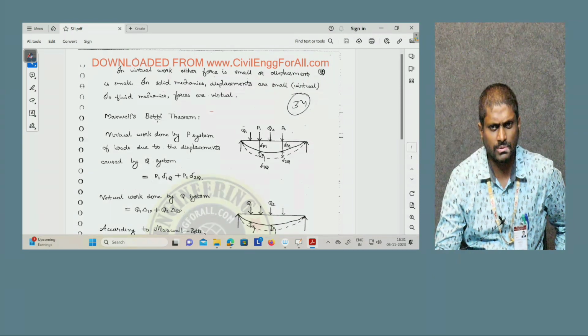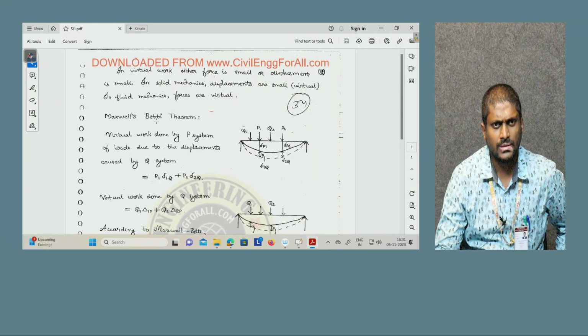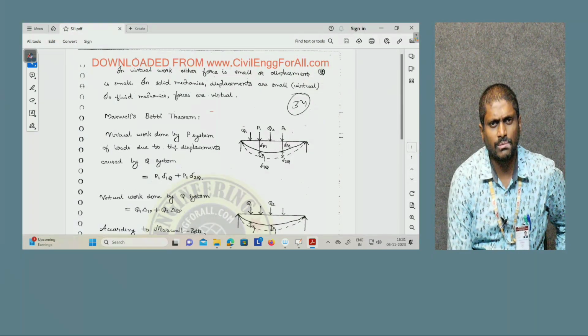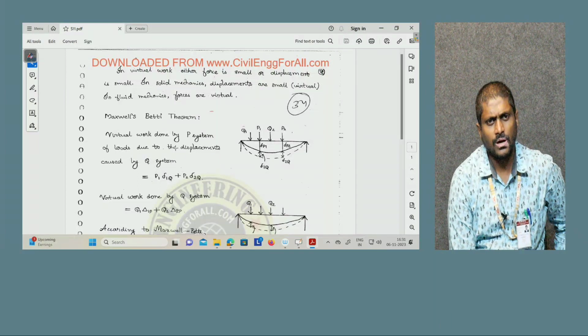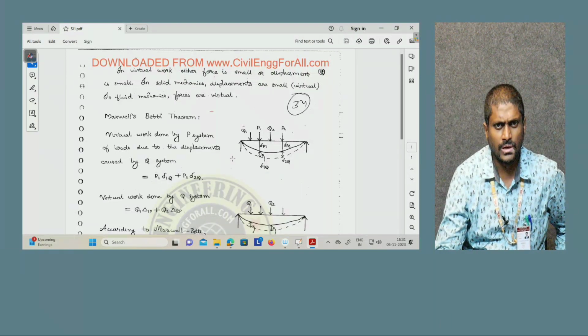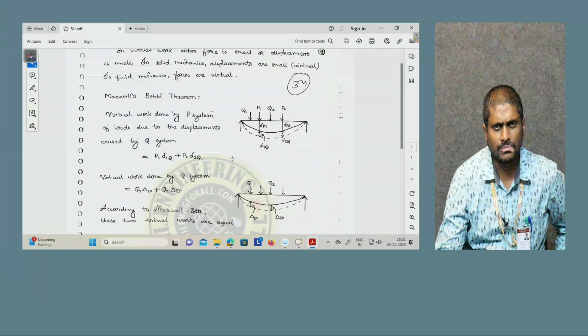Once this Maxwell reciprocal method is completed, Maxwell and Betti proposed one more theorem, that is Maxwell-Betti's theorem. Virtual work done by the P system of loads due to the displacement caused by the Q system.